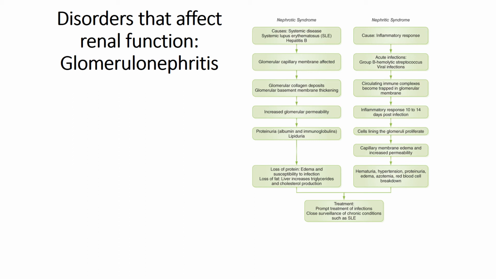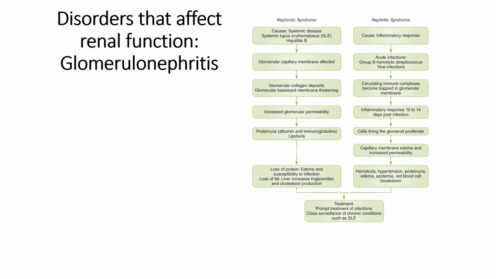Okay. Now these are going to be the hallmark symptoms, manifestations that we're looking for. So we're looking for proteinuria and lipiduria, and the proteinuria is due to the albumin escaping through the increased porosity of the glomerular capillaries. Lipiduria is going to be due to increased function of the liver producing lipids. Okay.